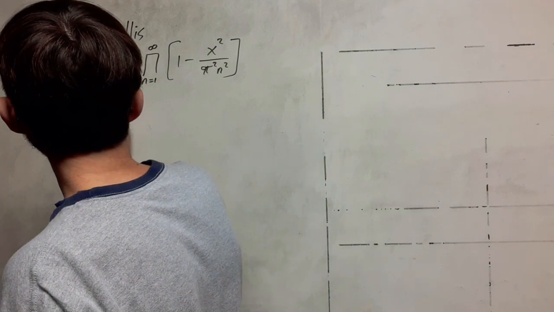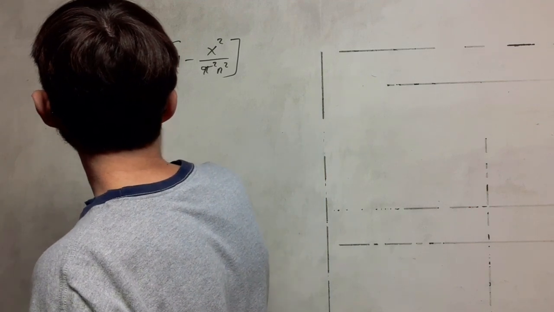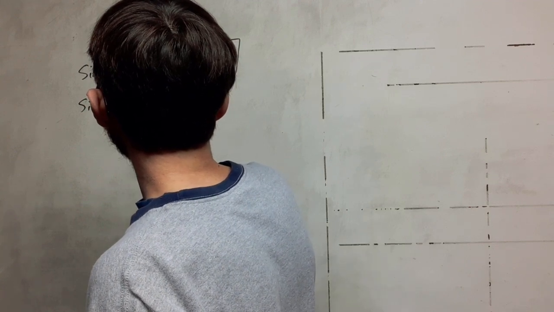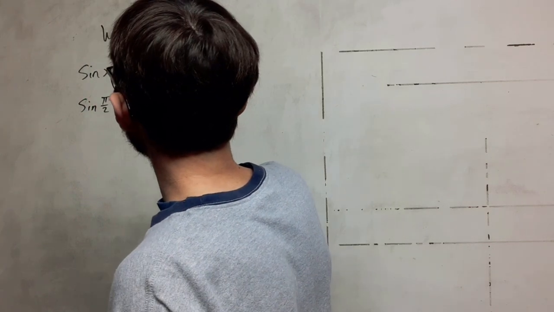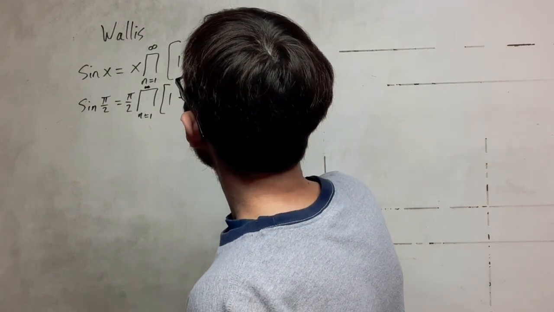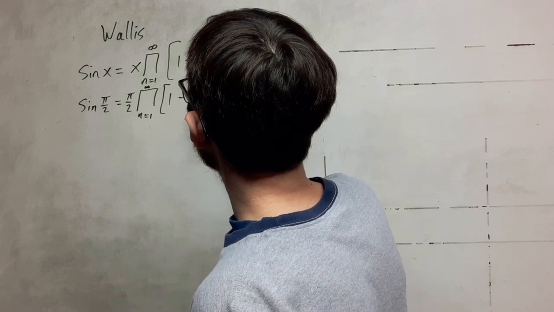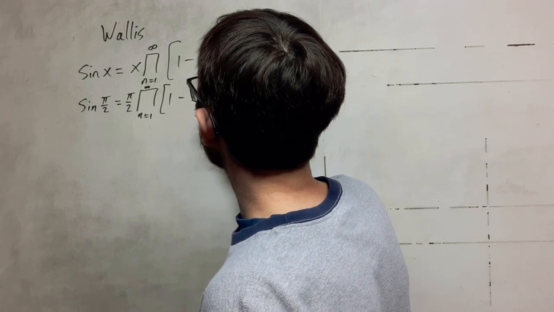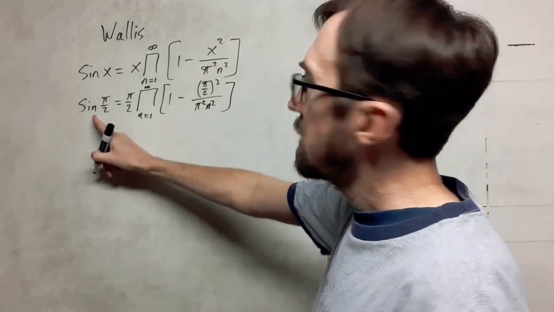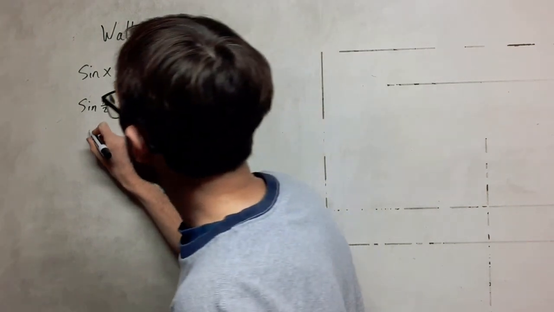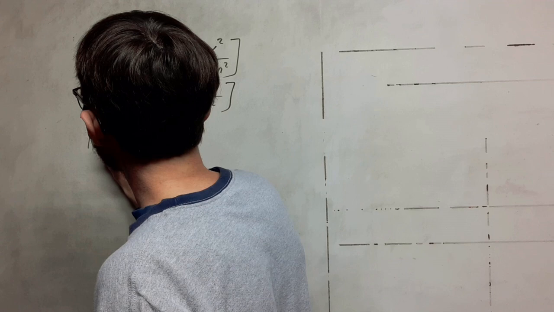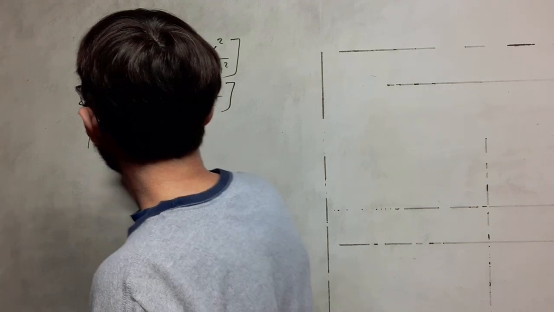So we have the sine of pi halves is equal to pi halves, the product from n equals 1 to infinity, of 1 minus pi halves squared over pi squared n squared. Then we have to go through the simplification process. Sine of pi halves is just 1. If we bring this scalar to the other side, this is going to be times 2 over pi.